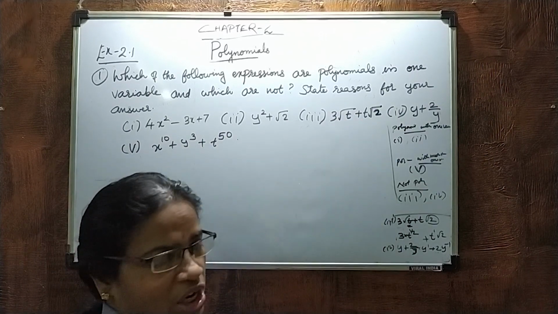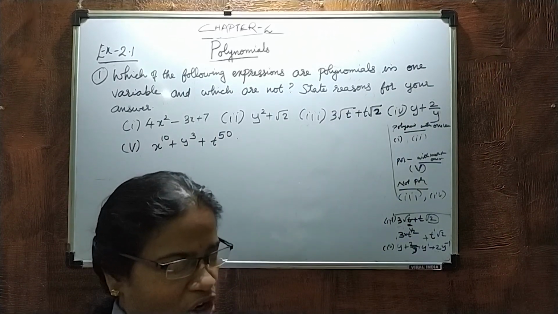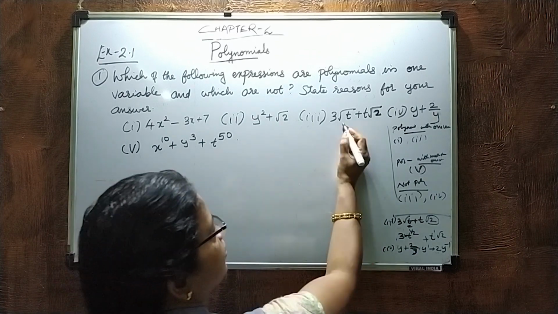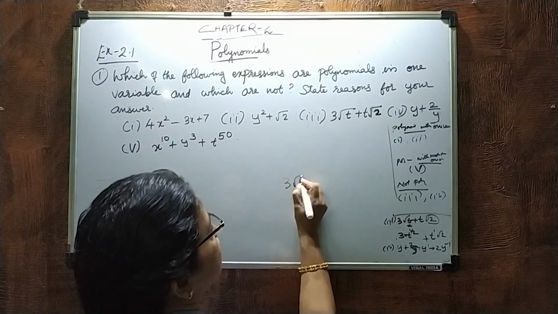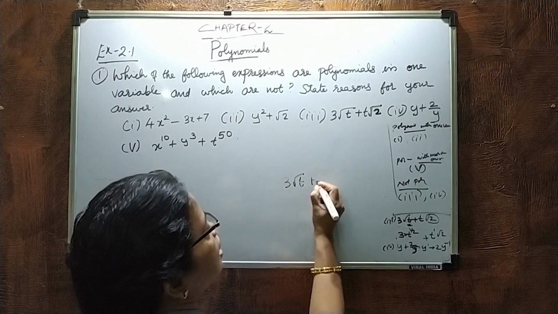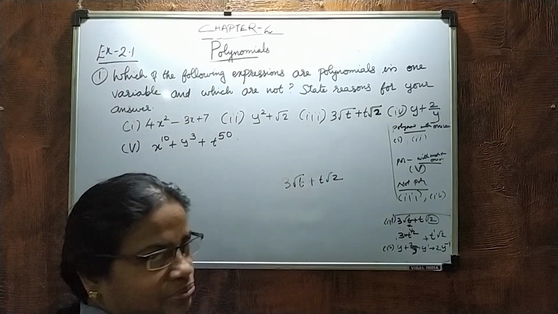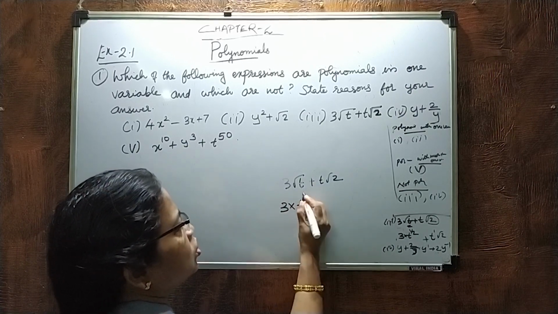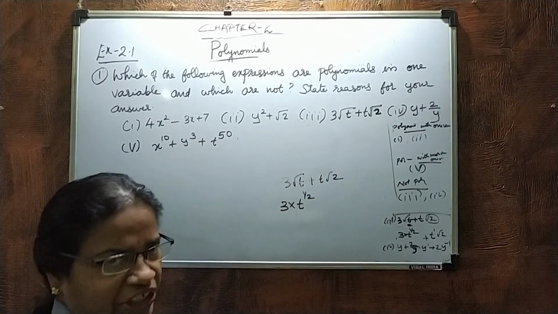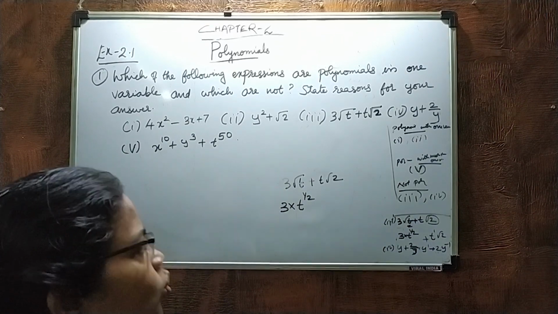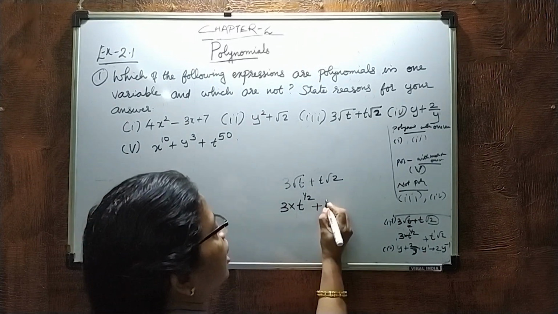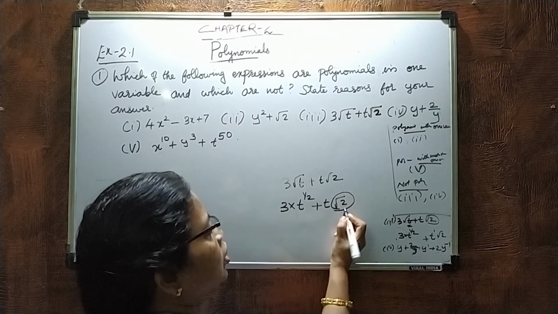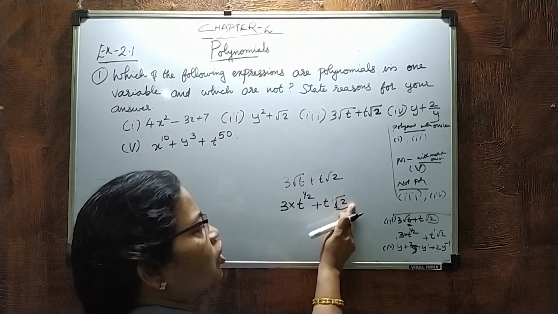Next, two things you have to remember: whether they are one variable or not, and whether they are polynomial or not. Now this one, 3 root t plus t root 2. Root means 3 into t raised to 1 by 2. Here the variable is t, and root 2 is just a number, no need to worry about it.